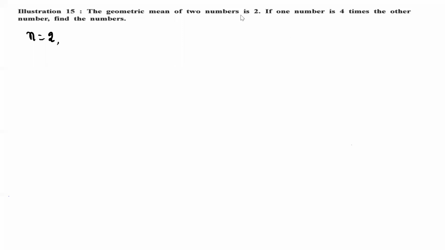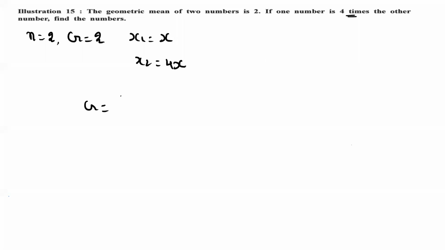Now what is the question here? The geometric mean of two numbers is 2, so G is equal to 2. If one number is 4 times the other number, so x1 is equal to x, I can say, and x2 is 4 times the other number, that means 4x.